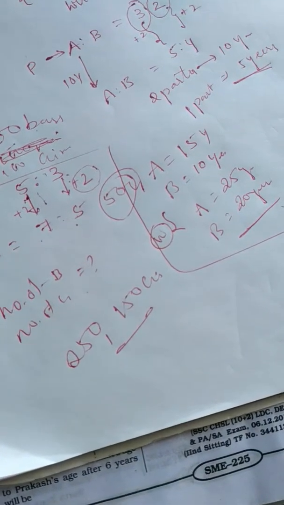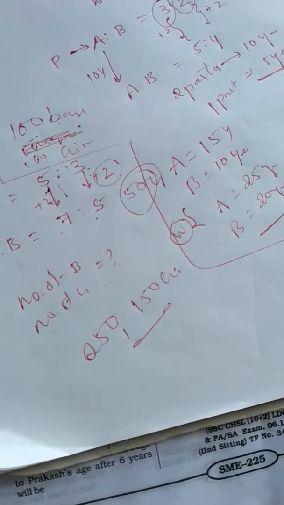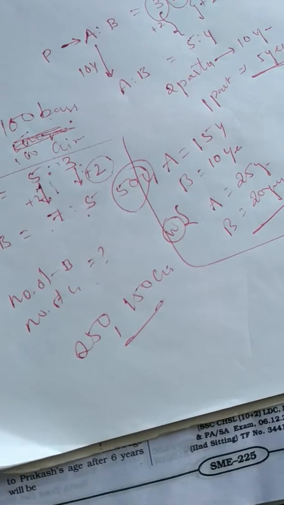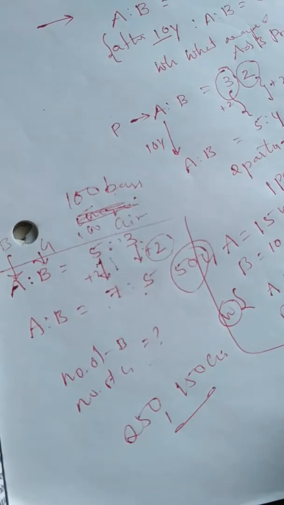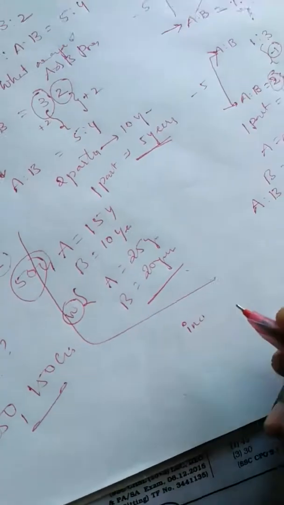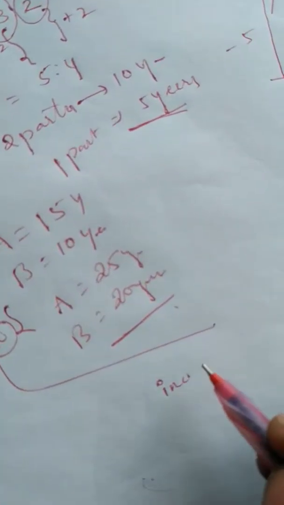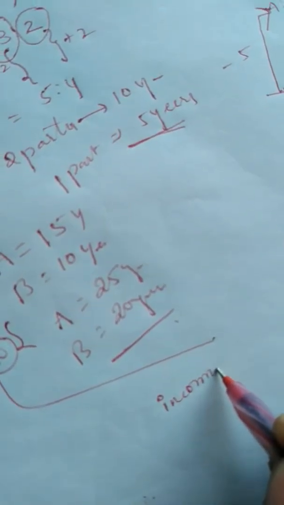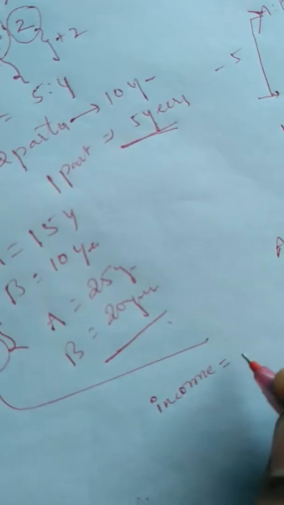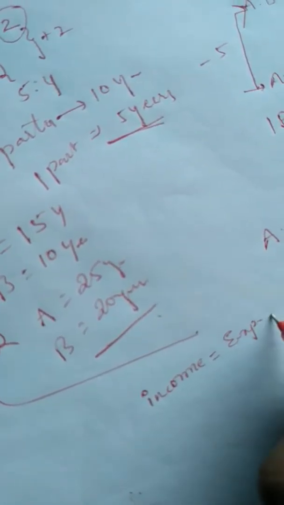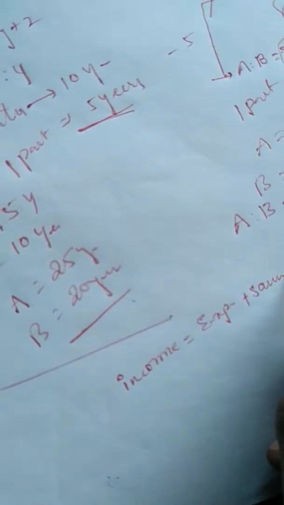This method is not only for this one, you can also use it for income and savings. See, so income, for example, one more method you can take. Income is equal to expenditure plus savings.